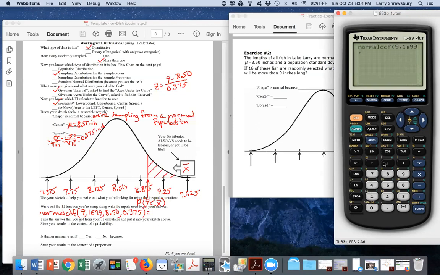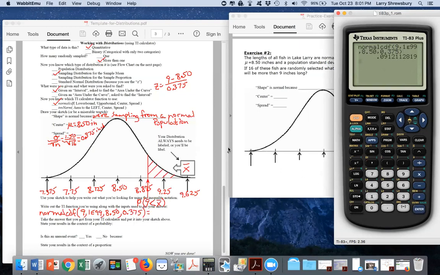That's 1 times 10 raised to the 99th power. Let's put in our center, and 0.375. By the way, if you accidentally put in the population standard deviation here, you'd get the same answer we had on the last problem, which would be wrong for this one.